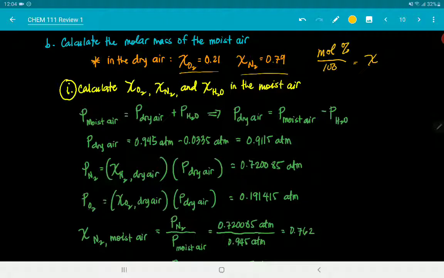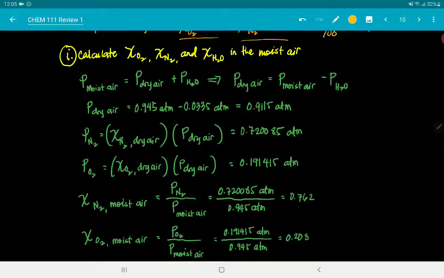So the pressure of O2 is the mole fraction of O2 in the dry air, 0.21, times the pressure of dry air, which is, again, 0.9115. So 0.21 times 0.9115, that's 0.191415 atmospheres.